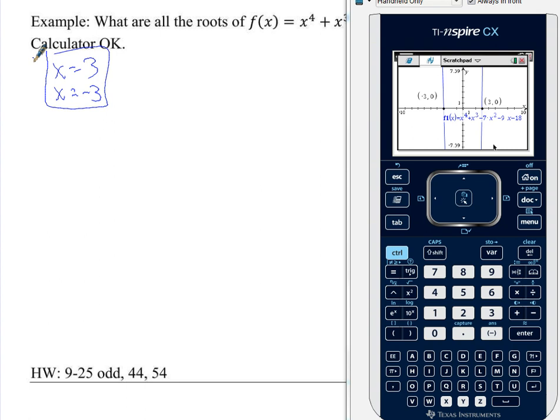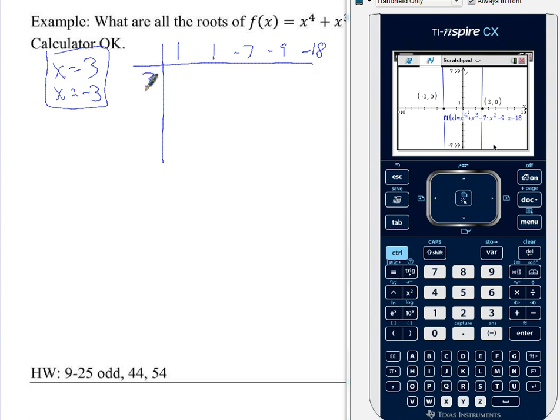So now set up your remainder theorem, set up the synthetic division, write the coefficients of the polynomial across the top. So it's 1, 1, negative 7, negative 9, negative 18. And then put these numbers directly in, because we know they're roots. So we know that we'll get a remainder of 0 over here.